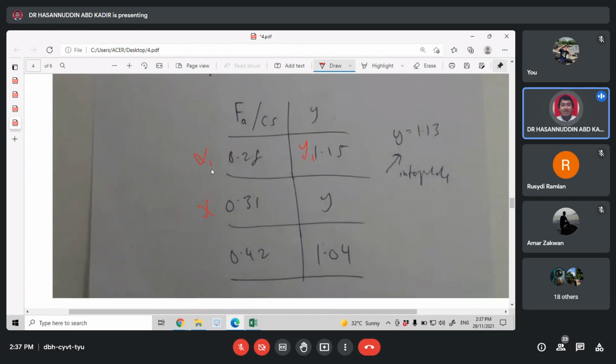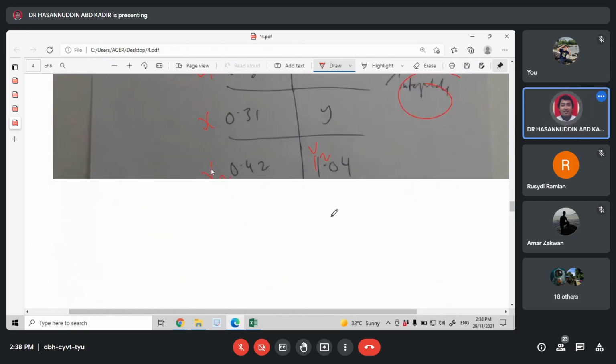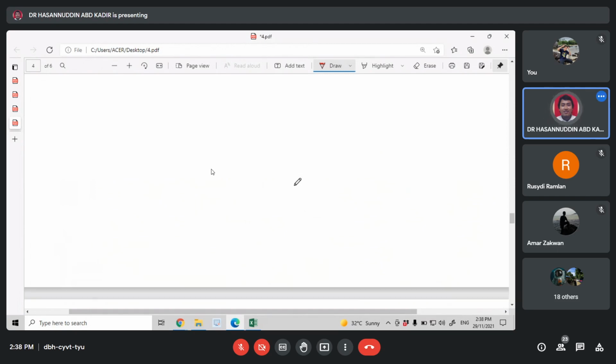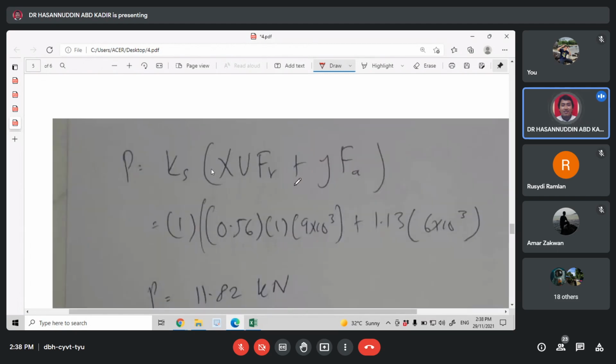This one is x2, this is y2. You put in this formula, do the interpolation, and you will get the value 1.13. Here we have chosen. We get the value of x and also the value of y. X we get 0.56, and y, after the interpolation, we get 1.13.